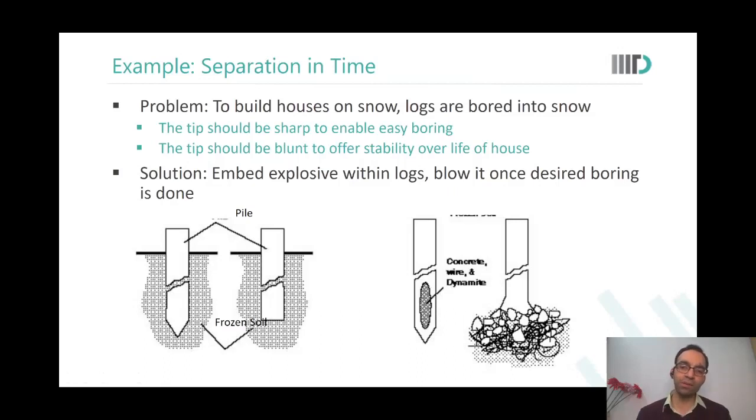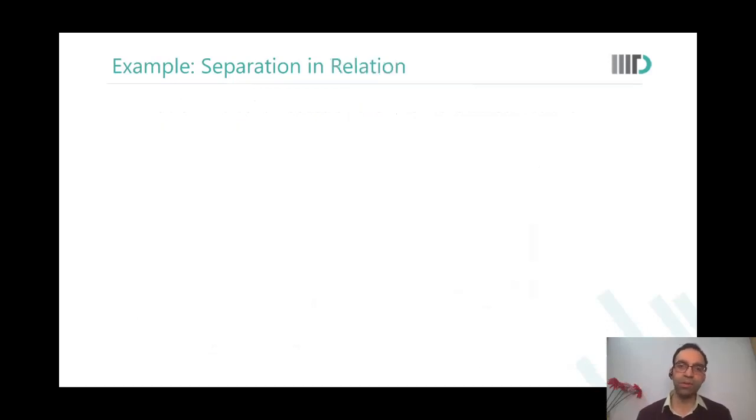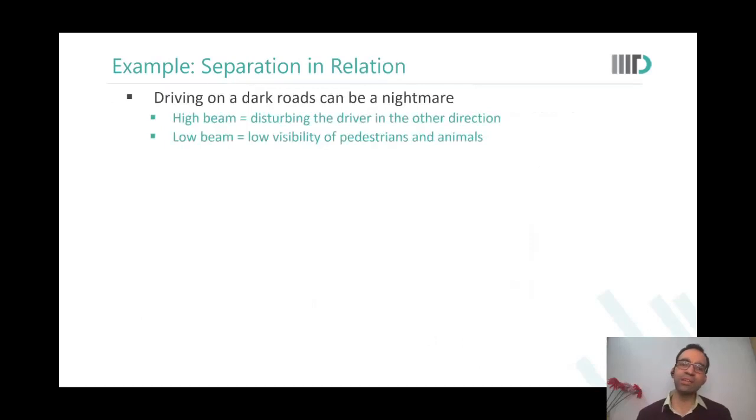The head of the log becomes blunt now. It was sharp when you wanted to bore, but it is blunt when you wanted that stability. So this is the application of the separation in time principle, and the inventive principle that was used was nested dolls over here.